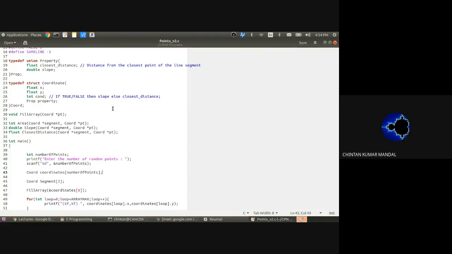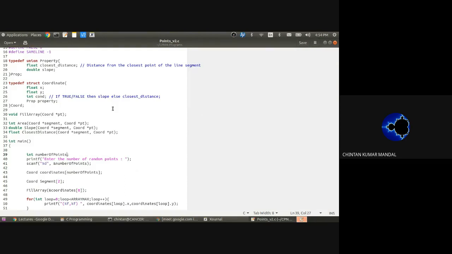So in C99, this property from C++ was taken and implemented in C. I was asking what if I write the same statement before the scanf, int number of points, then the array declaration, and then scanf. That will not work because the value has to be there. It is declared, but the value has to be there.